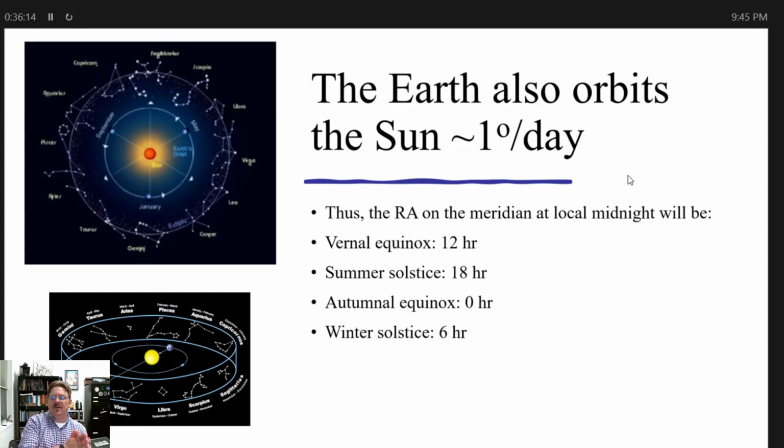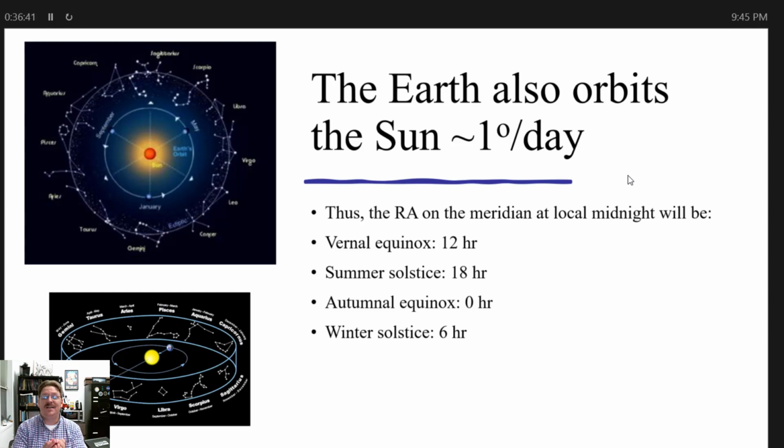The way I like to look at this is actually 180 degrees off this. I like to look at what is the RA of the Sun at these particular times. So at the vernal equinox, the Sun has an RA of 0 hours. Again, it's defined that way. The summer solstice has an RA. The Sun has an hour angle.